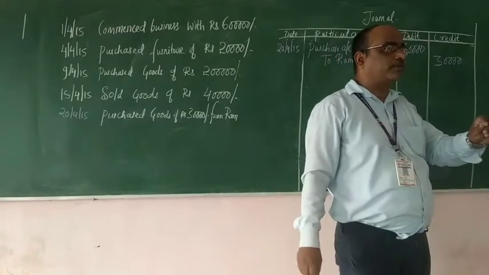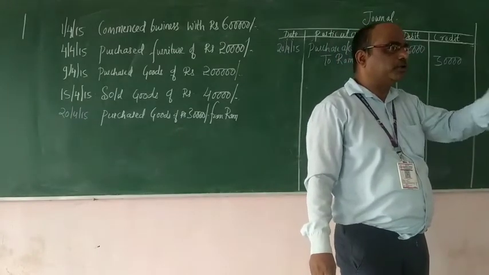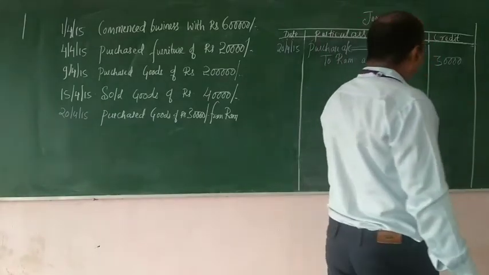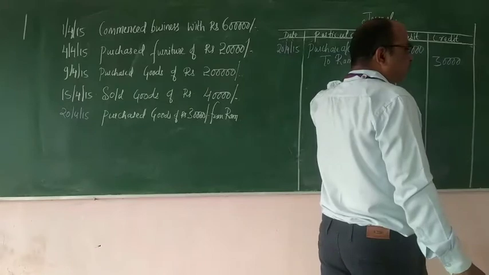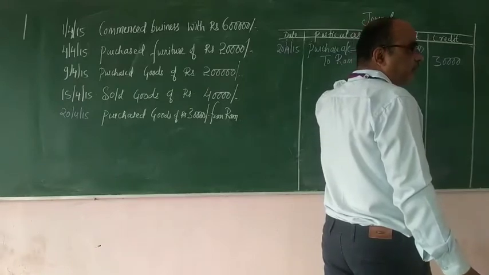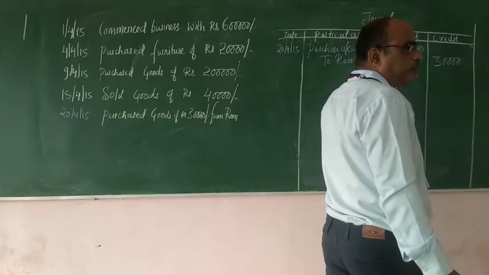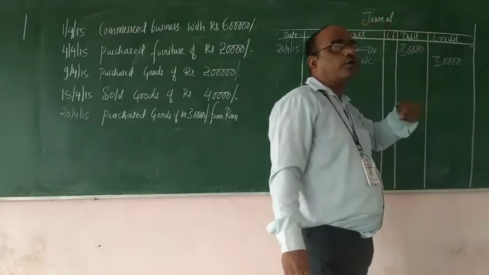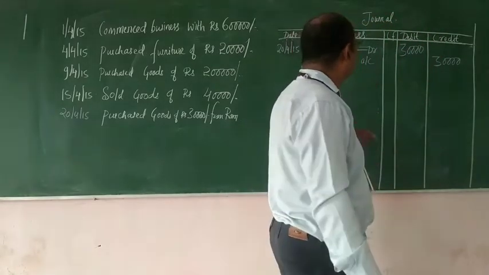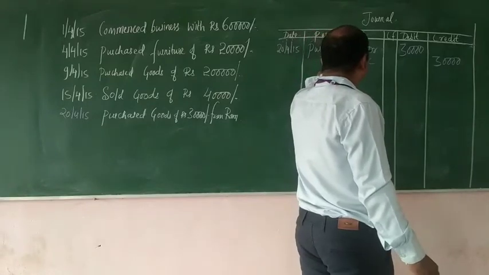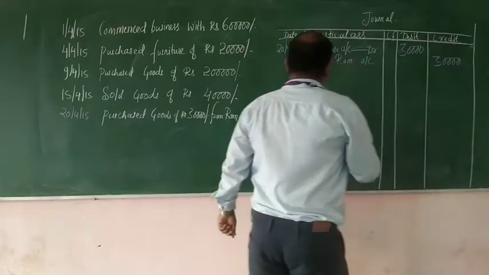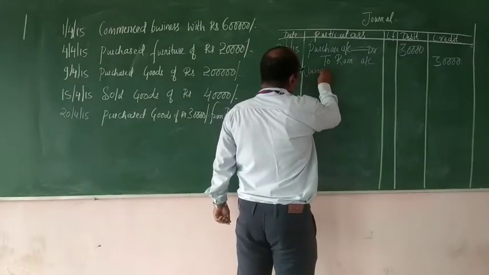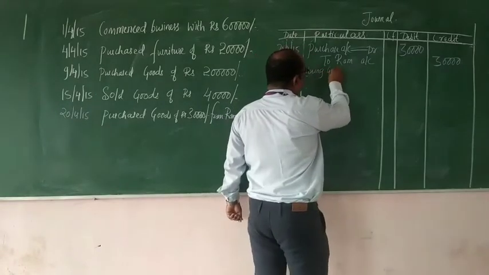The transfer of cash will be made on a future date. So since there is no involvement of cash, what are we supposed to do? We are supposed to consider Ram, because we are supposed to pay 30,000 to Ram. We are owing 30,000 to Ram. So you write here on the credit side, to Ram. Then you will write a short description of the transaction: being goods purchased from Ram.